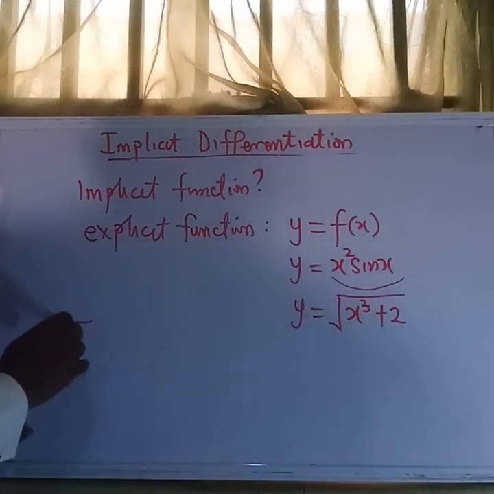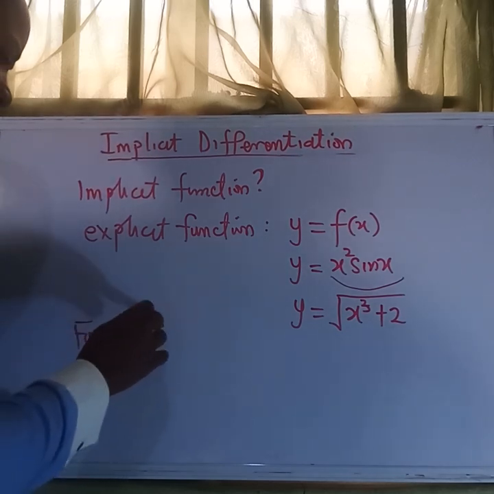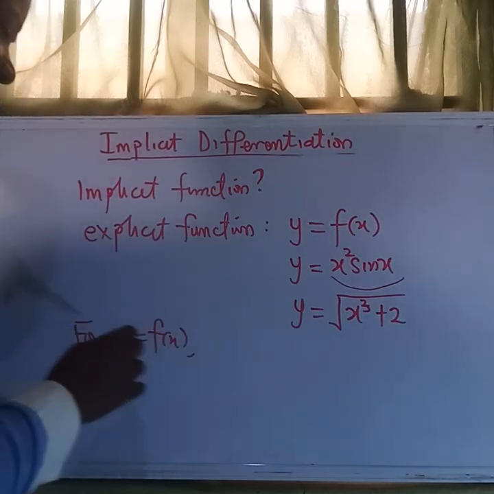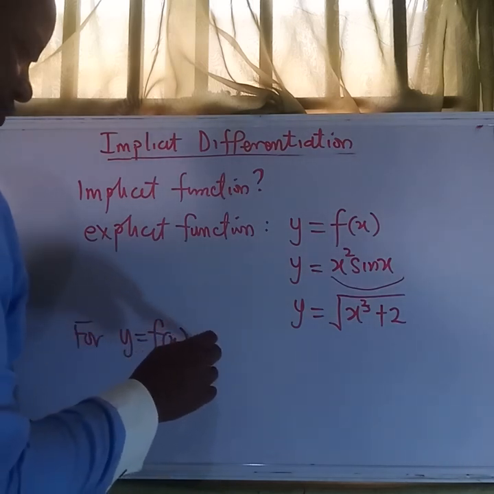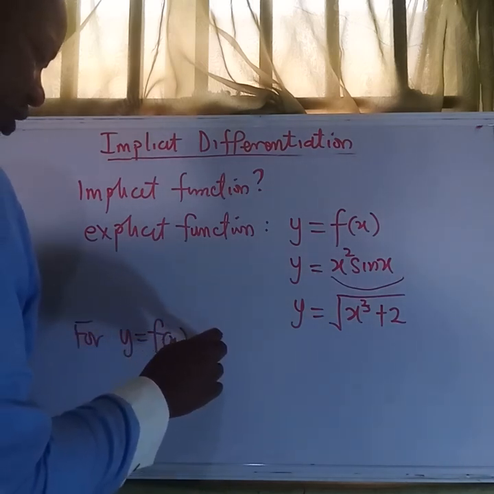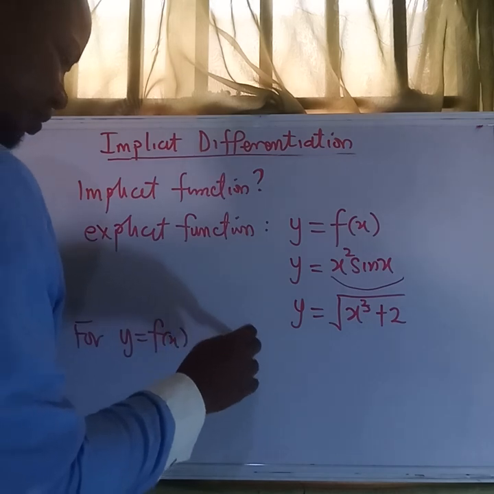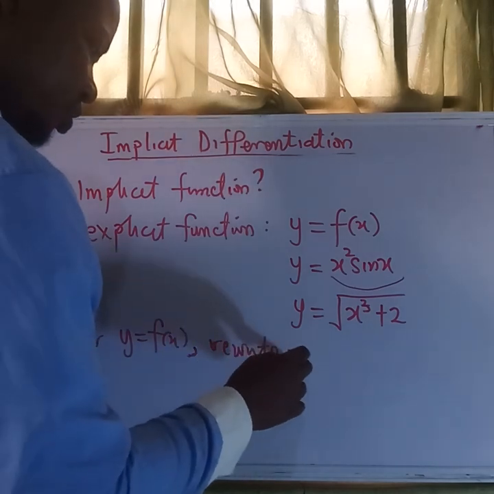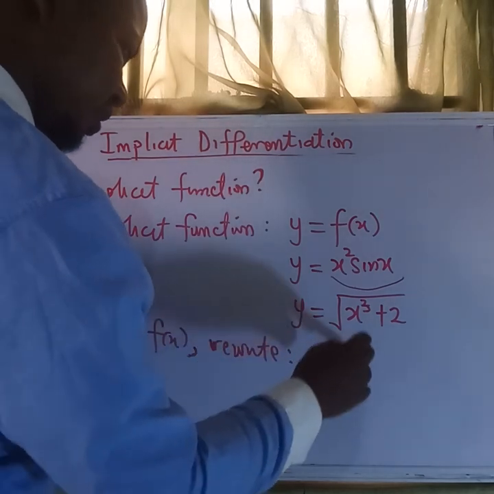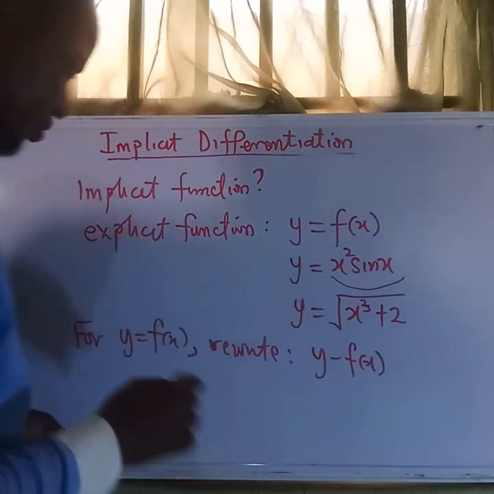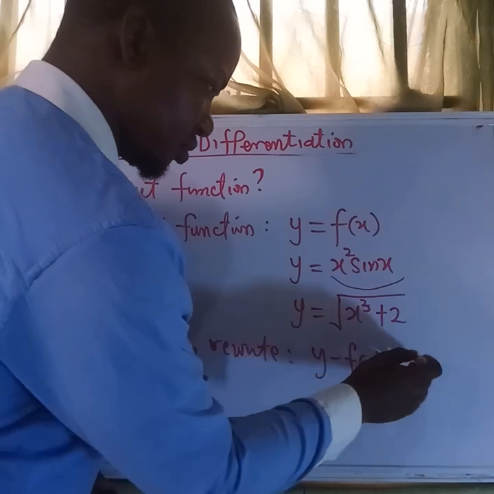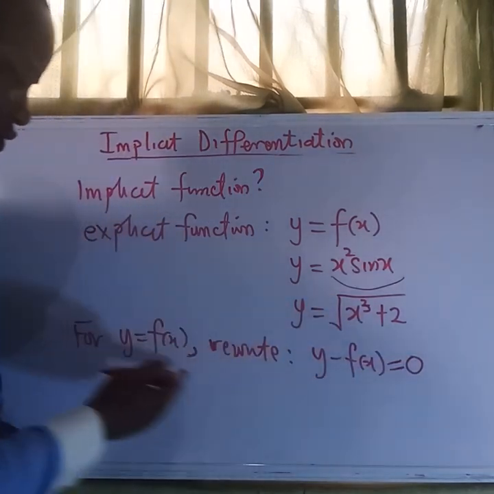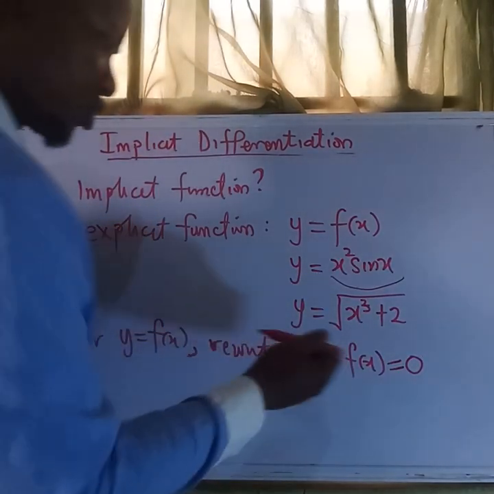For y equals f of x, if we mix these two together, by bringing this f of x to meet y, this will equal 0.